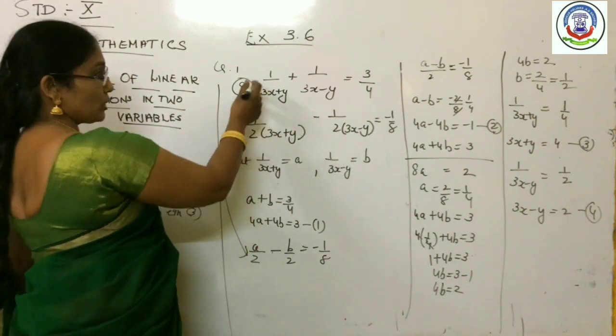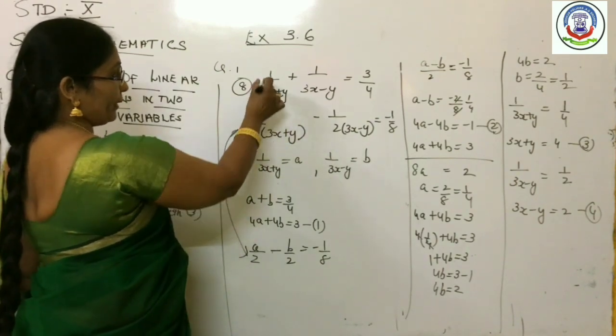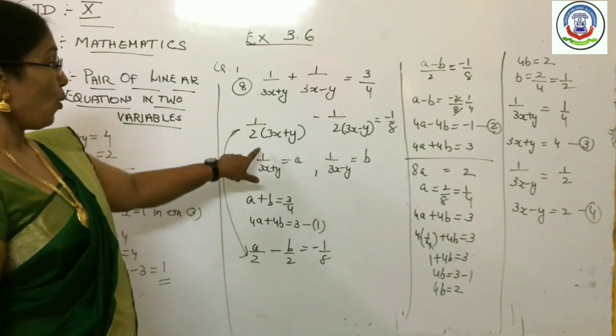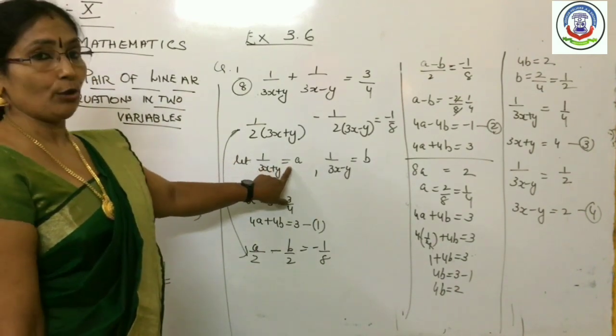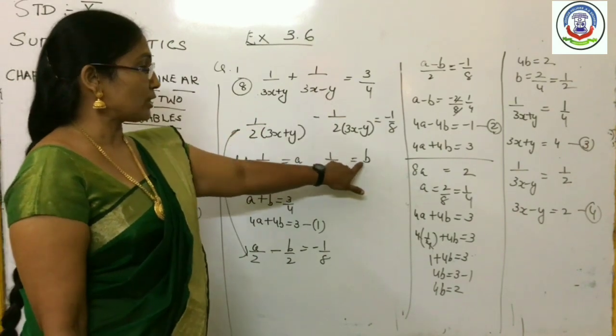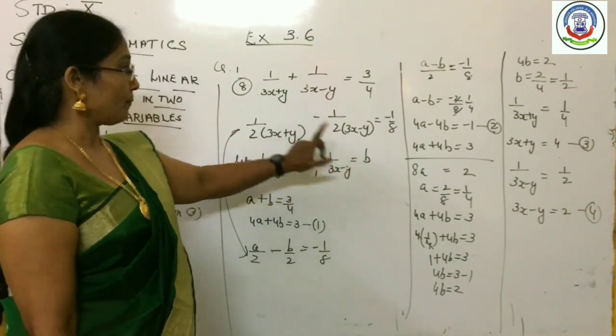Here also, this is not a linear equation. You have to make a proper substitution here. What proper substitution have we done? 1 upon 3x plus y is equal to some other variable, a, and 1 upon 3x minus y is equal to some other variable, b.